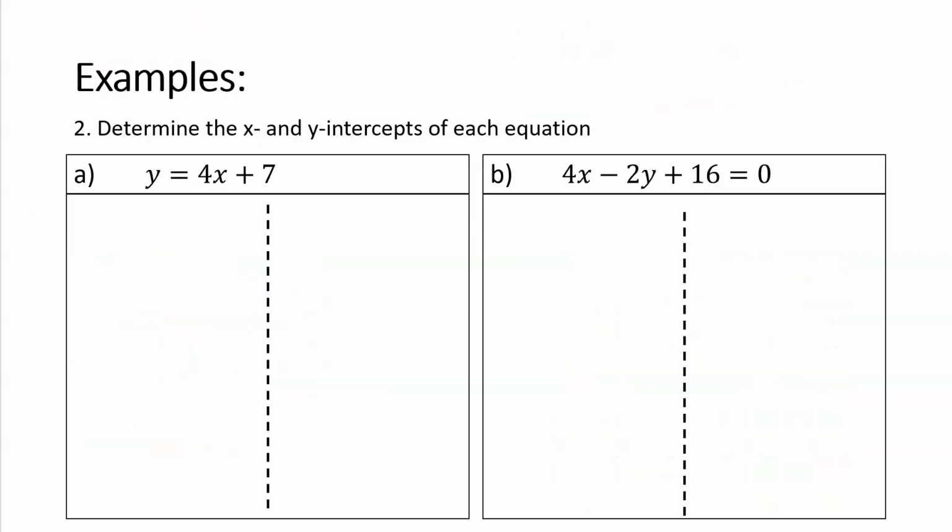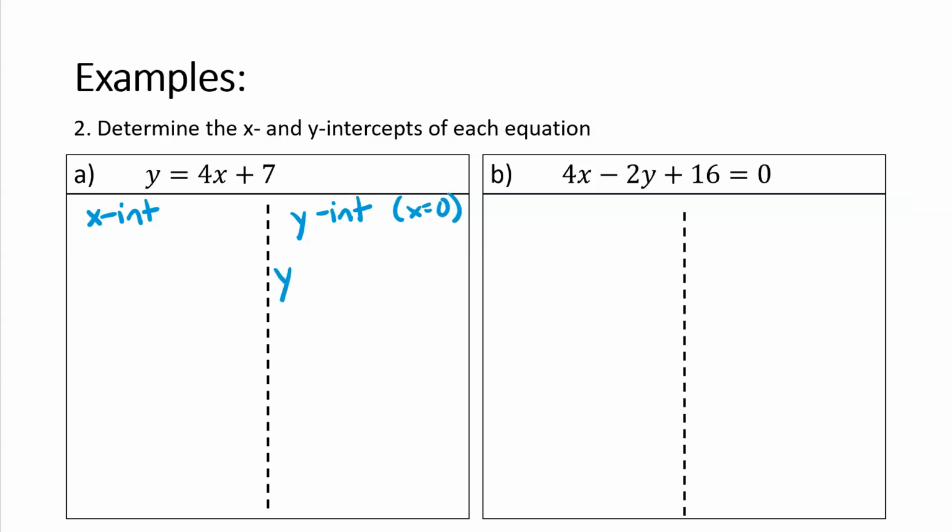Okay, so let's determine the x and y intercepts of each equation or each function. So we'll do x-intercepts on the left and y-intercepts on the right. We'll start with the y-intercepts because generally they're easier. Remember that the y-intercept is when x equals 0.